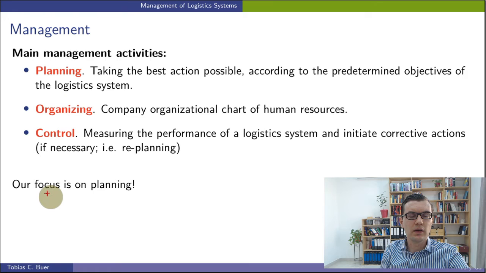It's always the distribution of work on the department level, but also on the individual person's level: who is responsible to get which job done. How do we distribute the information within the company? These are all aspects of organization.